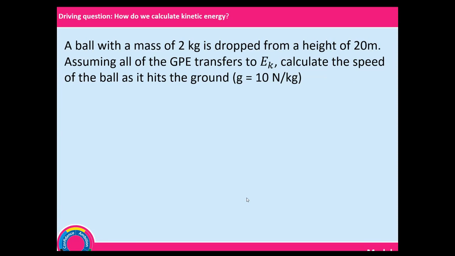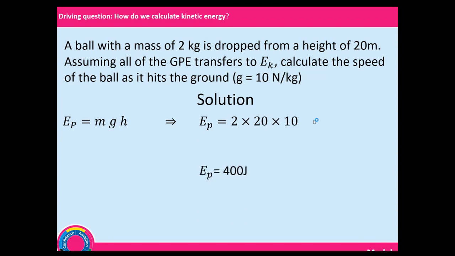At a height of 20 meters, the ball has maximum gravitational potential energy. So, we first of all write down gravitational potential energy, and from the question, we have 2 kilograms as the mass, 20 meters as the height, g as 10. Compute that, we have 400 joules.